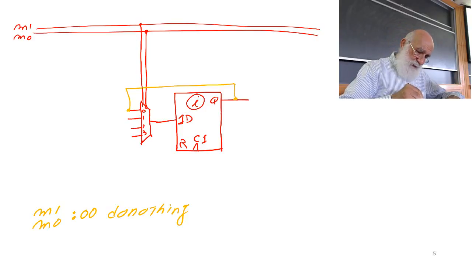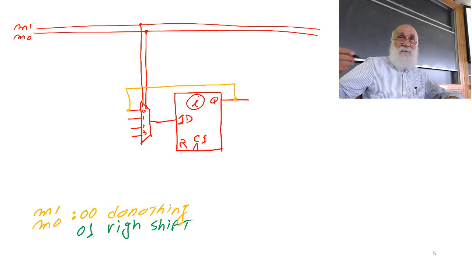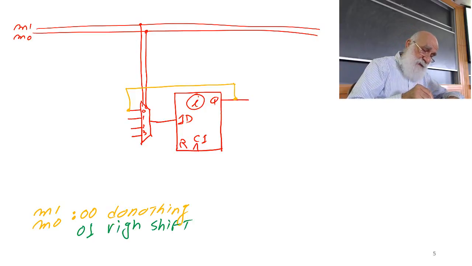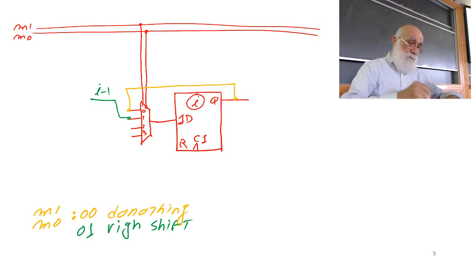If my input is 0, 1, I am doing right shifting. Right shifting means that the flip-flop I is taking the output from flip-flop I minus 1. Then I have 1 0, which is the left shifting.